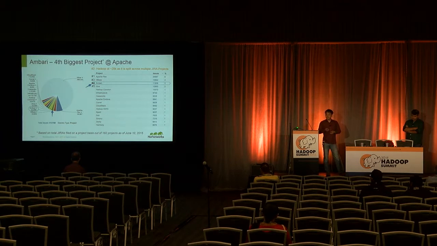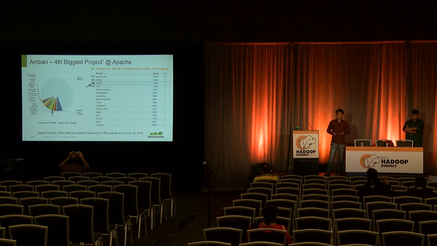Just the other day, I said it's number 3, but it turns out Hadoop is sort of broken up into several projects. And if you combine them all, Hadoop comes in at number 2, just behind Apache Flex. HBase is 3rd, and Ambari is 4th. So what I'm trying to show here is that Apache Ambari is a significant project with a lot of contributors, a lot of interesting things happening, with a lot of users.